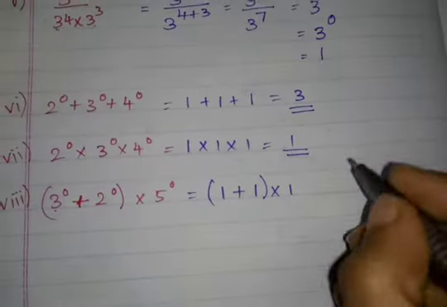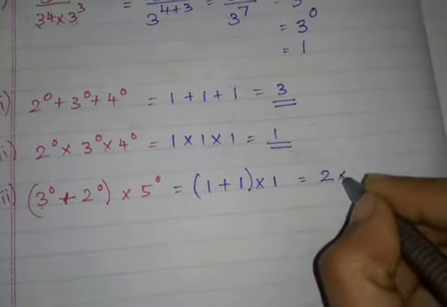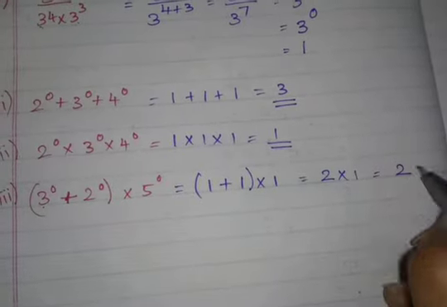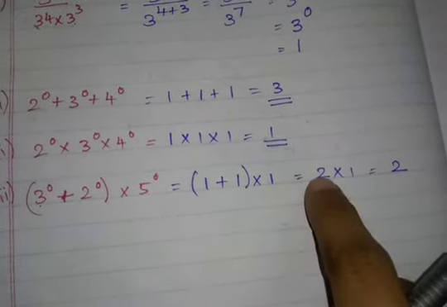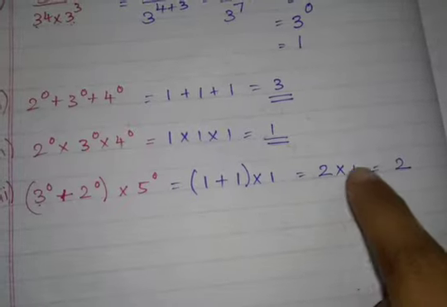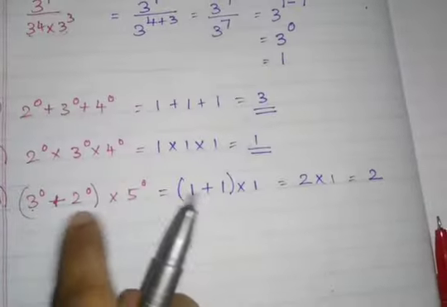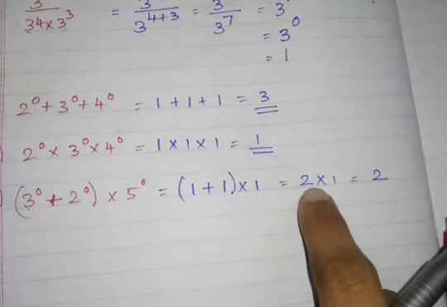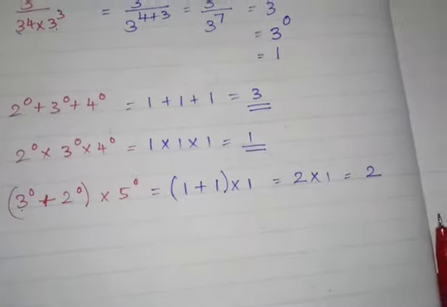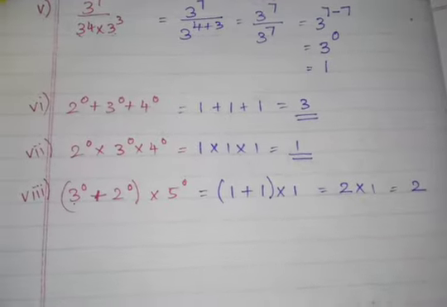Now 1 plus 1 is 2, into 1. So 2 into 1 is 2. The answer is 2. Listen, first you do the operation inside the bracket. So 1 plus 1, 2 I wrote, into 1 I wrote, 2 into 1 is 2. Okay. Next.